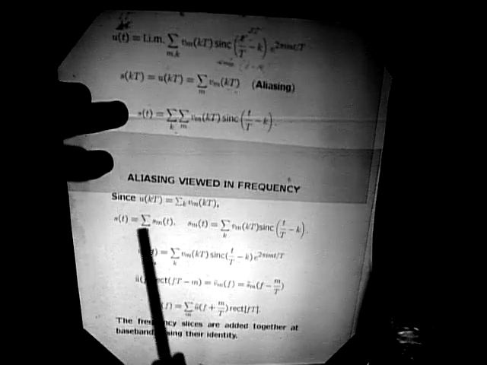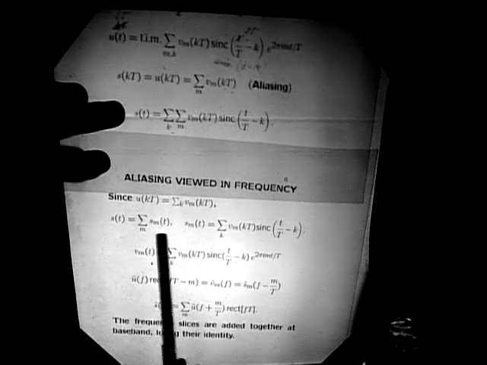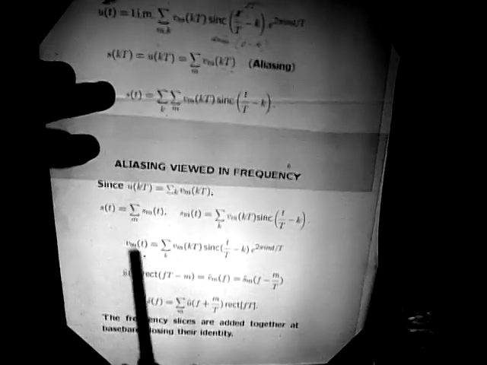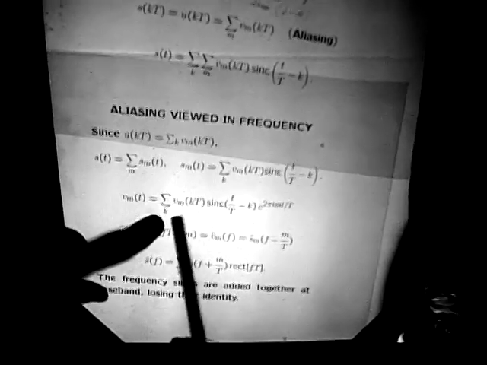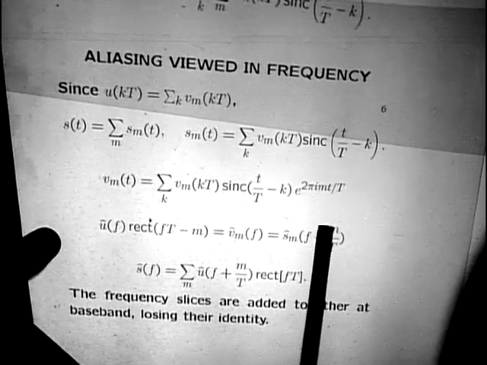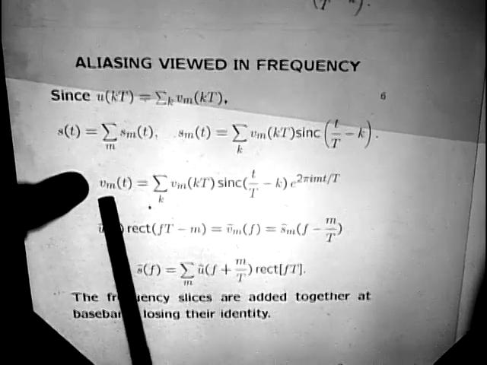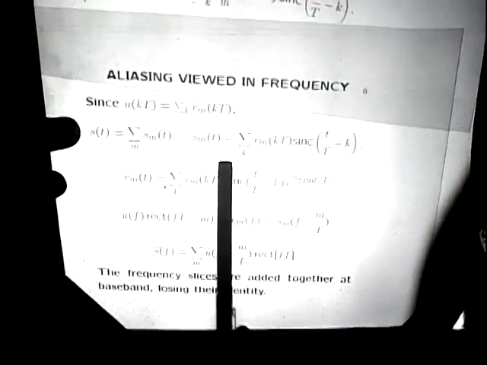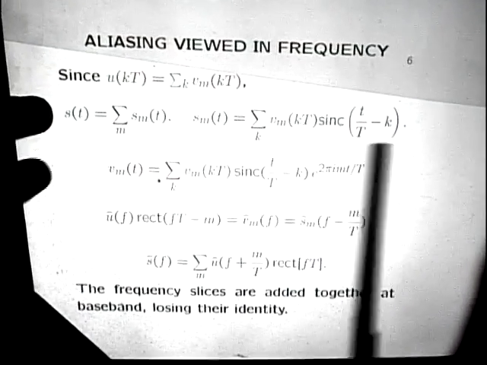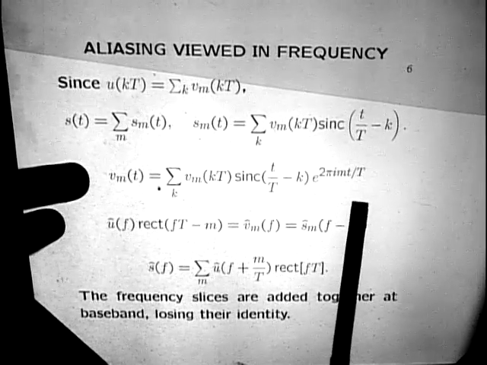Okay, so s of t is the sum of all of these different frequency contributions and this quantity. v_m of t, which came from u of t, is the same quantity here, except for the complex exponential. v_m of t is the same quantity with the rotating term at the end of it. Namely, this is the actual signal at this mth frequency band. So the contribution to it in the sampling approximation is this. The actual term is this.